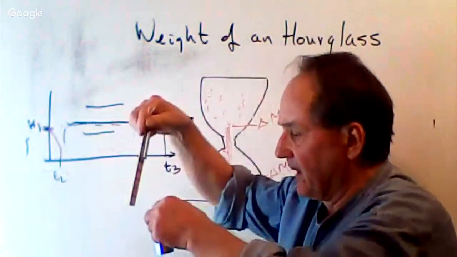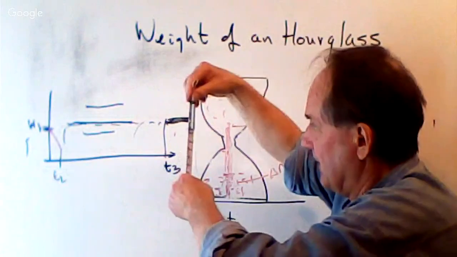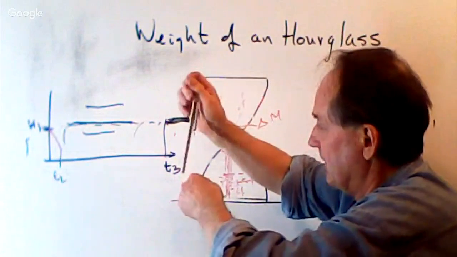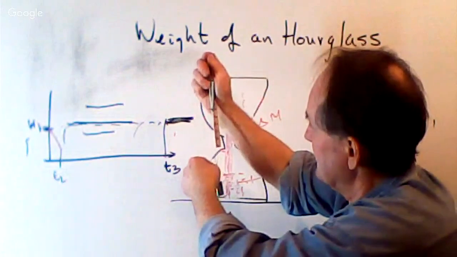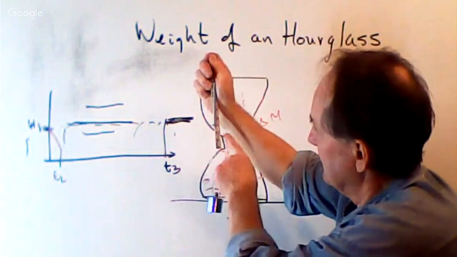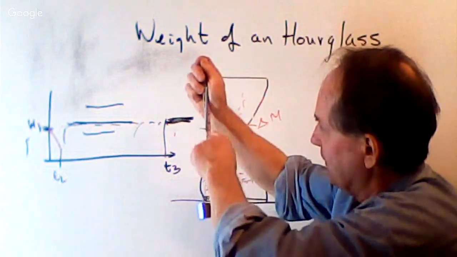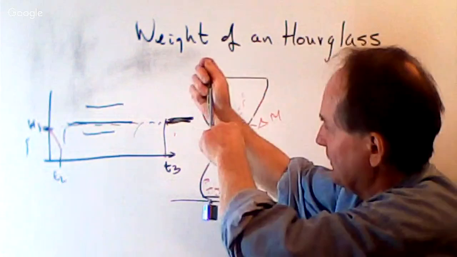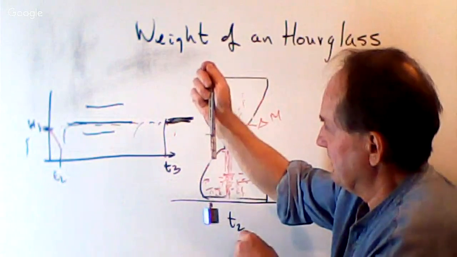This is a 200-gram weight, and you can see it's right at the 200. And I did this in 50-gram steps to 350 grams.